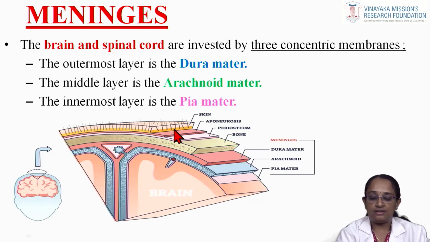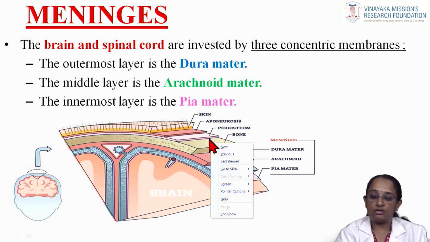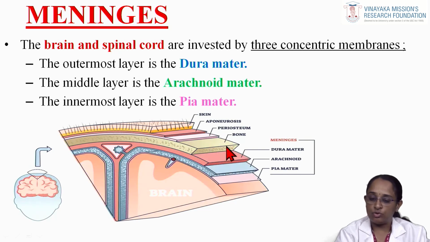You can see the outermost skin, then aponeurosis, then bone, whether skull or vertebrae, then periosteum, bone, and then the meninges. So the dura mater, arachnoid mater, pia mater, and then the substance: if it is in the cranial cavity, that is the brain. If it is the vertebral column, we say it is the spinal cord.